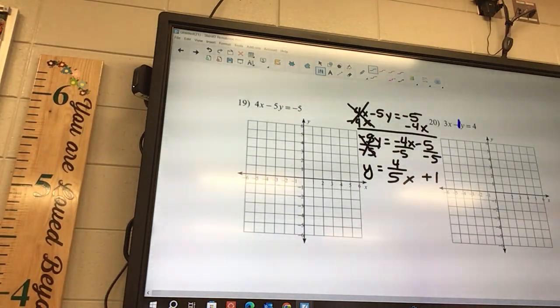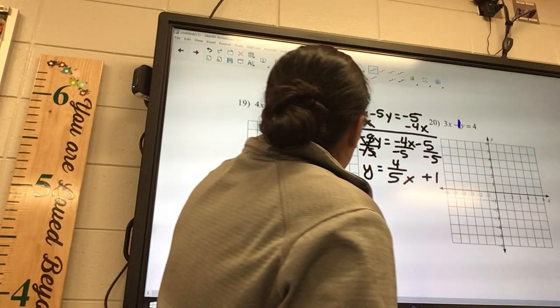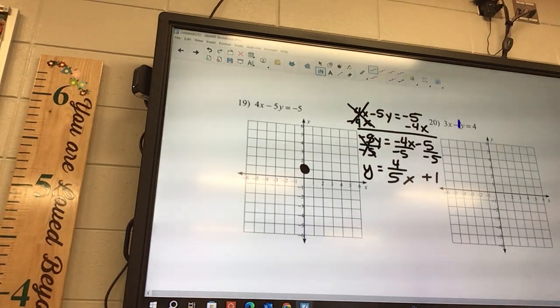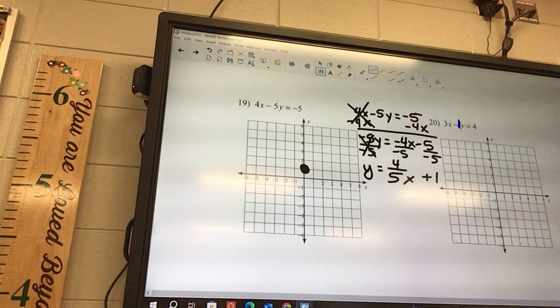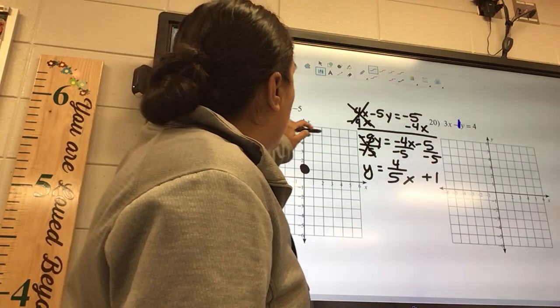Okay, who's getting plotted first? The 1. So we're going to go to the y line and find the 1 and put a dot. And then what is my slope? Up 4 over 5. So we're going to go up 1, 2, 3, 4 over 5.